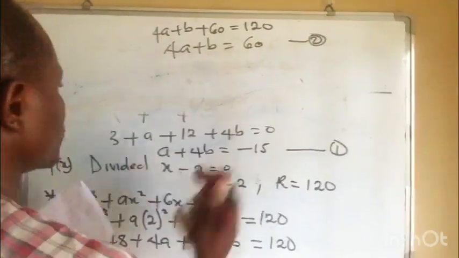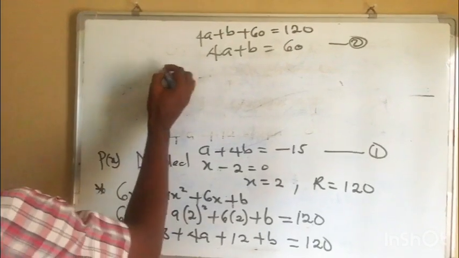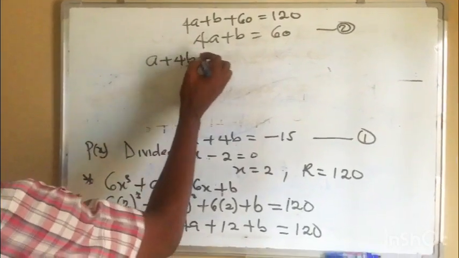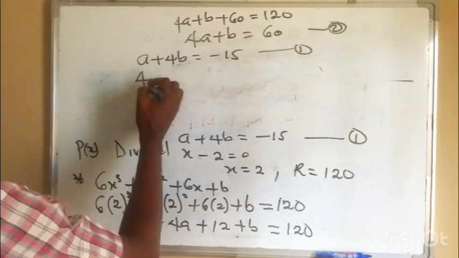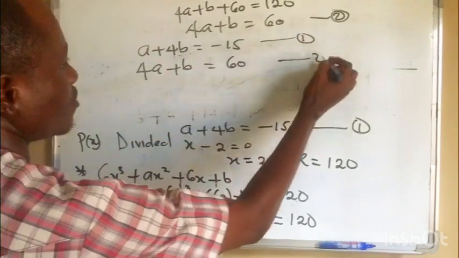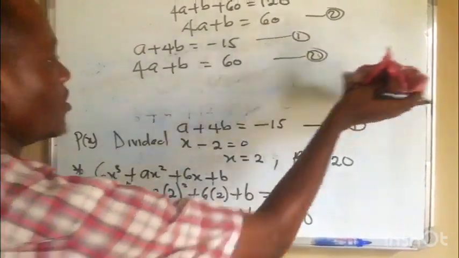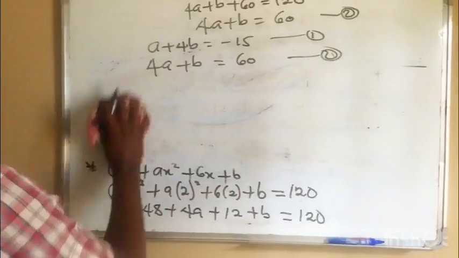If you see the two equations now, we have a simultaneous equation to deal with. The first one is saying a plus 4b equals minus 15, that's equation 1. And 4a plus b equals 60, that's equation 2. From here, we can use our elimination method, which is the fastest one.